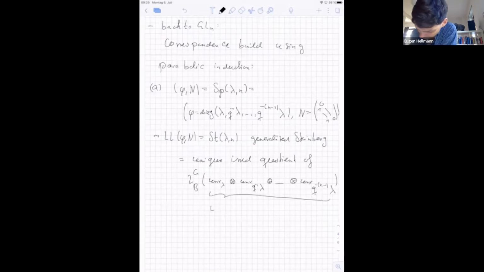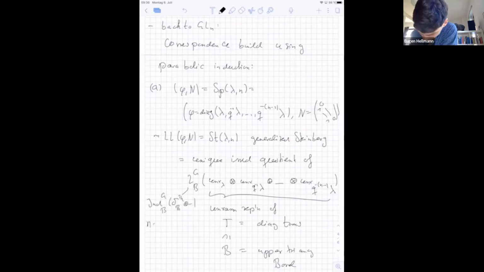So this is an unramified representation of T, which is the diagonal torus, which sits in B, which for me is the upper triangular Borel. And this here is just normalized parabolic induction. So before you induce, you first twist with this so-called modulus character, which is just a nice normalization.